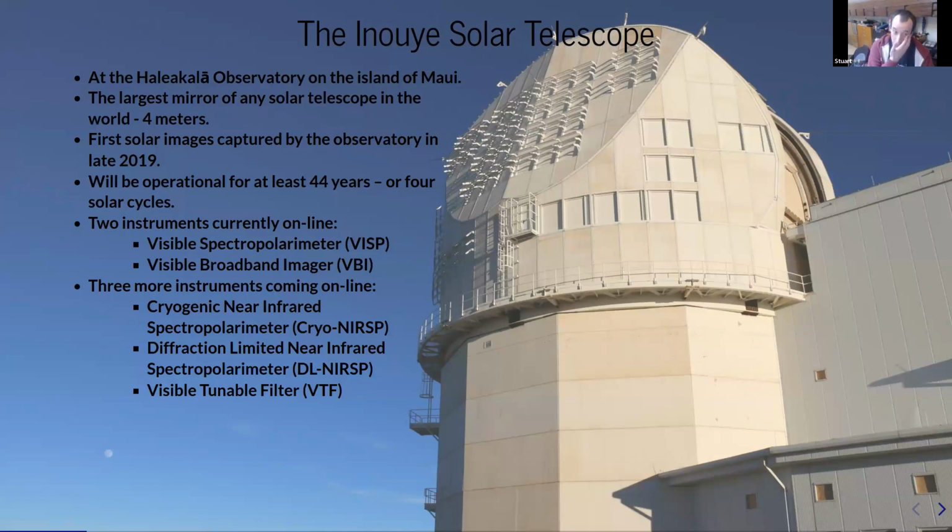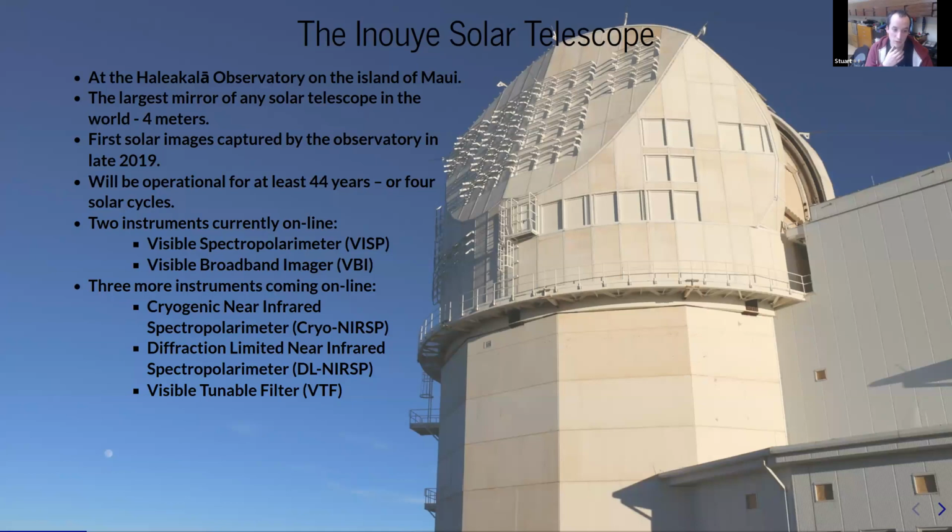There are 2 instruments that are currently online and doing science observations, which are the visible spectropolarimeter, or VISP. Never say these out in full. It's a scanning spectrograph, so it takes wavelength spectral data, rasters to make pictures on the solar surface, and also has Stokes information about the polarization of the light.